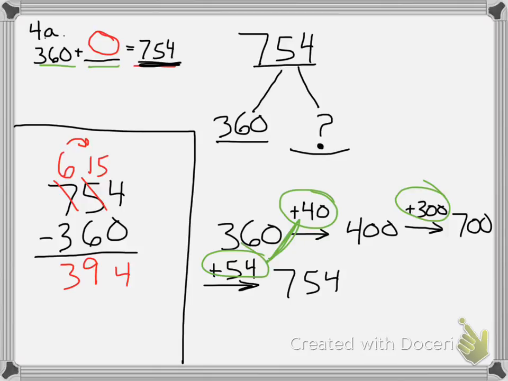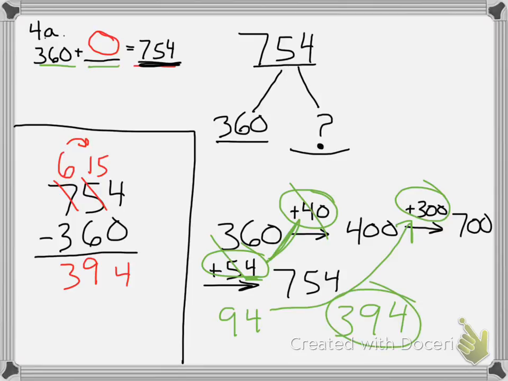So I know that 40 plus 50 would be 90, so 40 plus 54 would be 94. Then I can go 94 plus that 300 right there, because I've already used both of those. So I end up with 394. Just like right here.